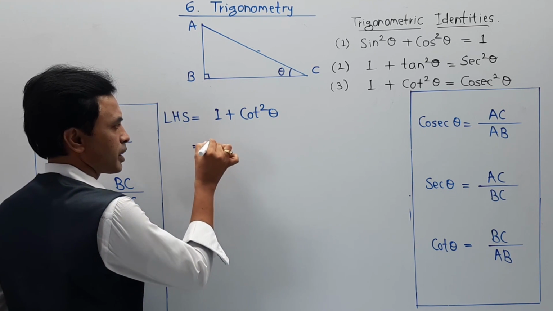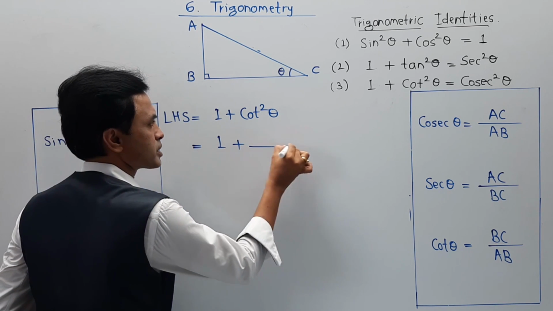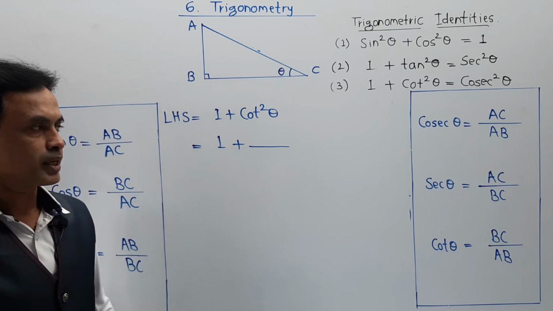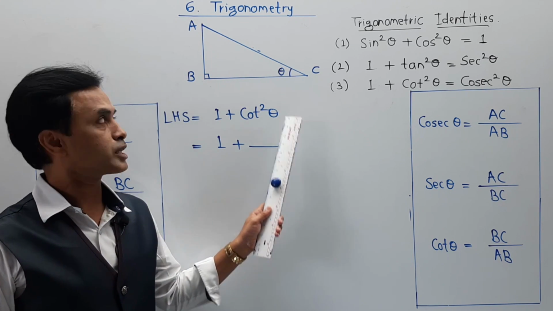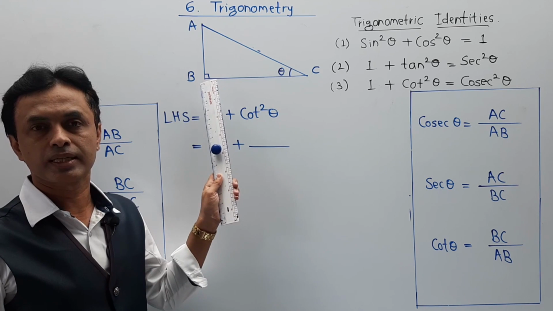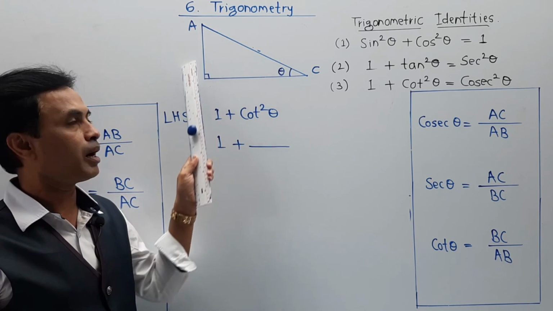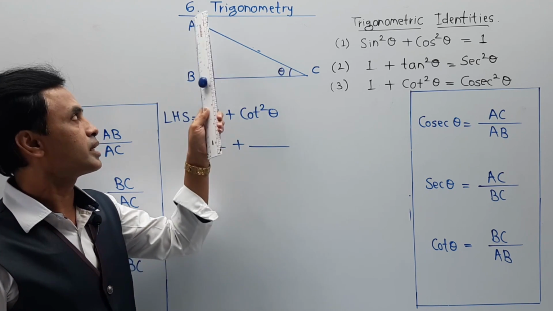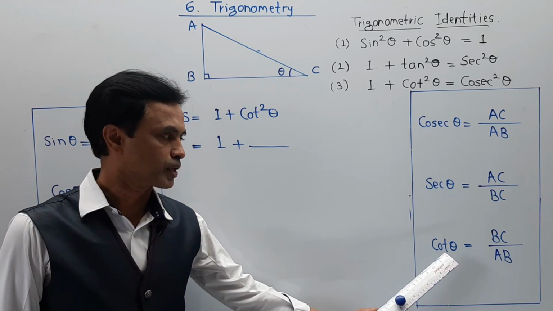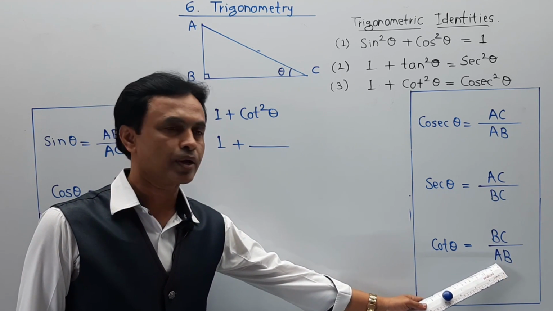So here in the first step I am writing 1 as usual plus cot square theta. Remember cot square theta, as per our diagram, cot theta is nothing but adjacent side upon opposite side, meaning BC upon AB. We have also written cot theta is BC upon AB.